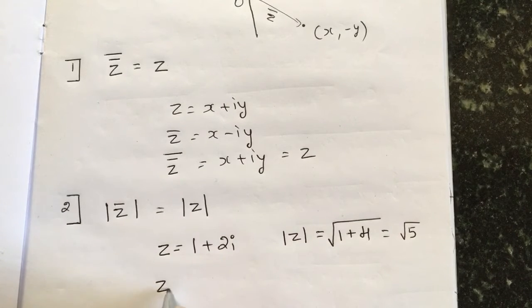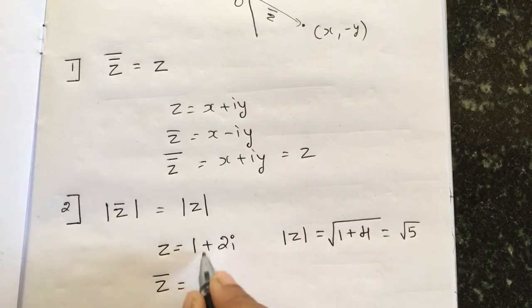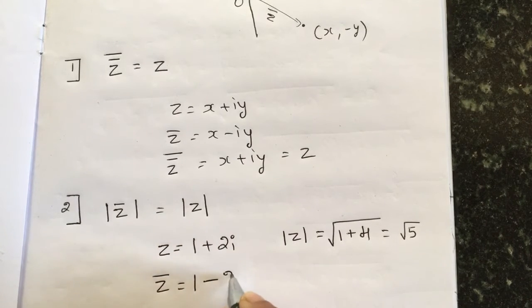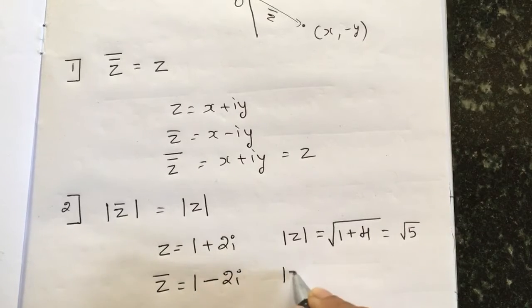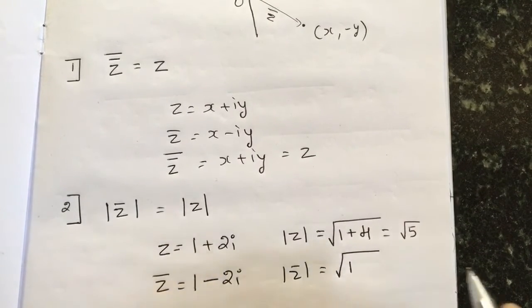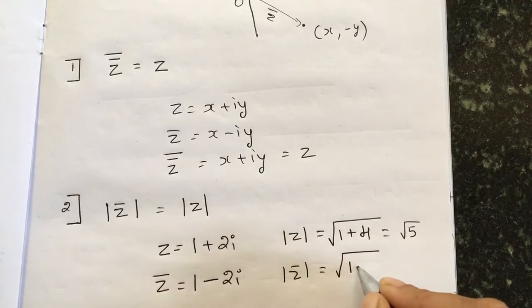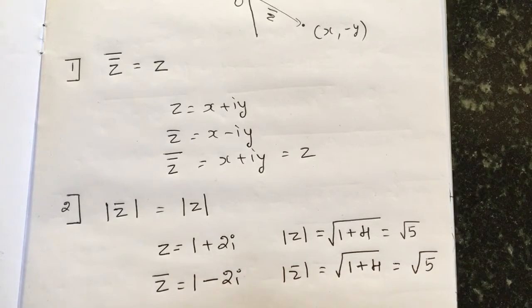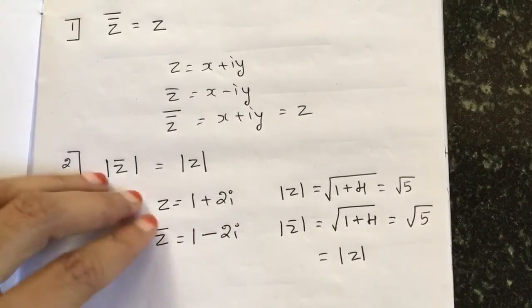Now z bar is just the change of sign of the imaginary part, 1 minus 2i. So mod of z bar is again the same thing, because irrespective of the sign of the imaginary value, we are taking a square, so it comes out the same. Therefore, I can say mod z bar equal to mod z.